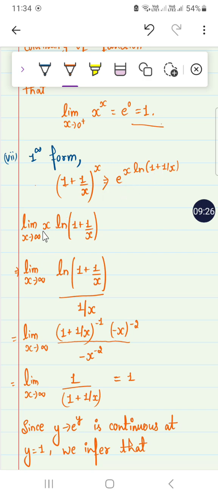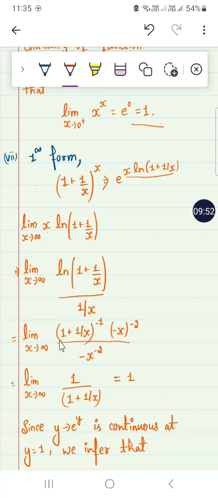After taking limit extending to infinity, it is x log 1 plus 1 over x. We have solved this term only at this point. Okay, limit extending to infinity of x log 1 plus 1 over x gives you log 1 plus 1 over x, and this is 1 over x, right?